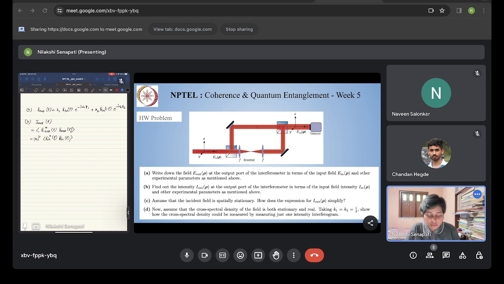Sorry, my handwriting is becoming poor, so let me write it slowly. Then k2 square average E in star minus rho E input minus rho, plus k1 star k2 E in star minus rho E in rho e to the power minus I delta.